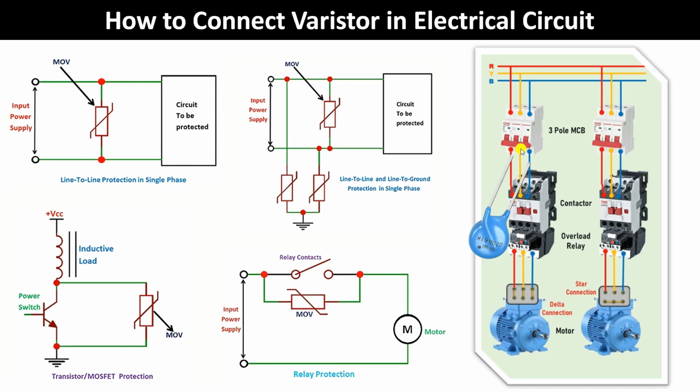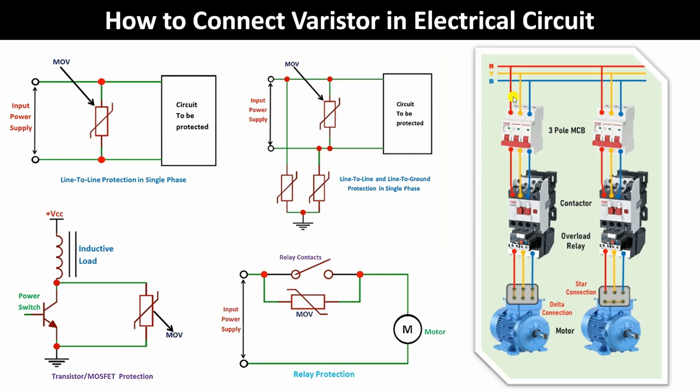What will happen if you connect at the output terminal? When current flows through the varistor, it will come from here and return from here. If high current flows through the varistor, the MCB will detect that a high amount of current is flowing, and the MCB will trip.